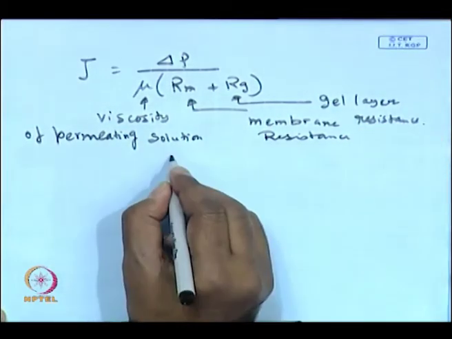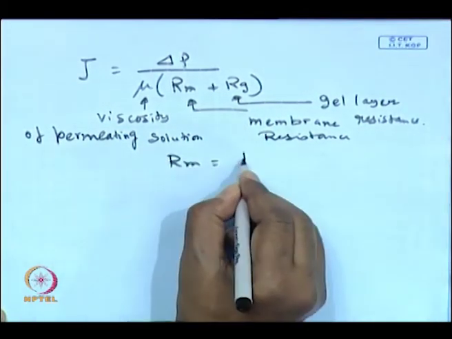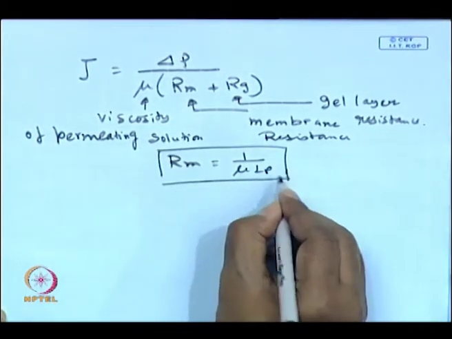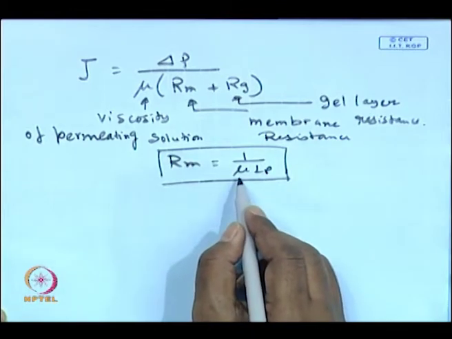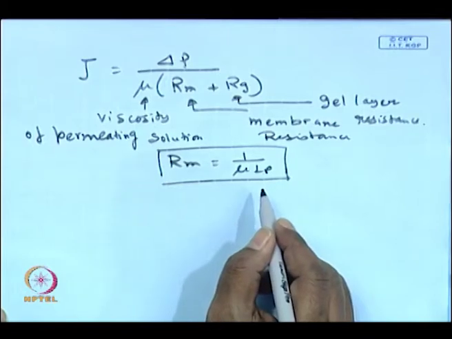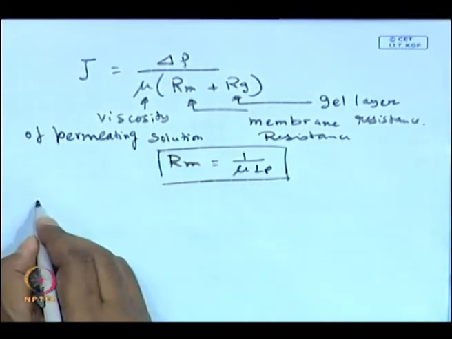And membrane resistance we know is 1 over mu times L p, the permeability multiplied by the viscosity of the permeating solution, and the inverse of that will give you the hydraulic resistance of the membrane. Now, what is R g?